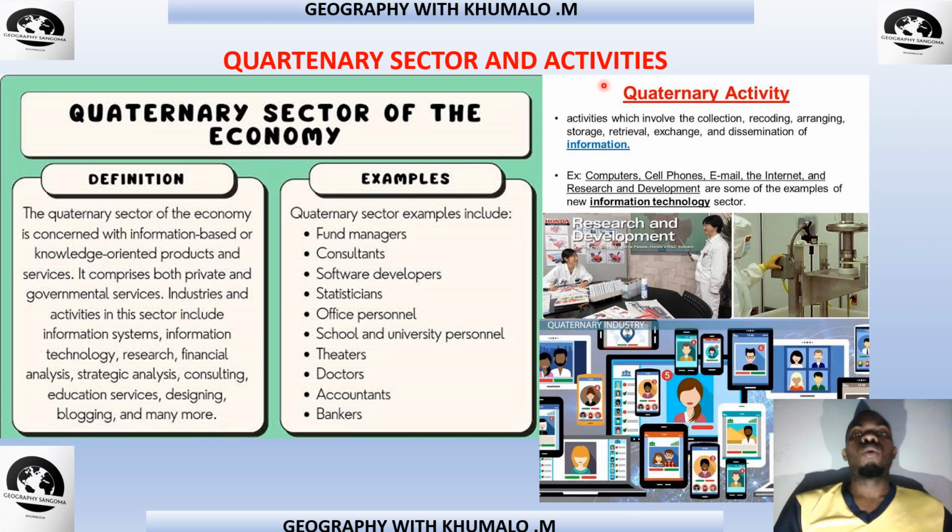Then we go to the last one, which is the quaternary sector and activities. The quaternary sector of the economy is concerned with information-based or knowledge-oriented products and services. It comprises both private and governmental services, industries, and activities in this sector include information systems, information technology, research, financial analysis, strategy analysis, consulting, education services, designing, blogging, and many more.